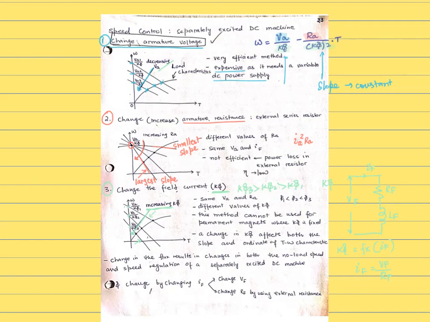So it can be changed by changing the voltage, or by changing the resistance, that is, change VF or change RF by using an external resistance. For changing VF, you need a variable DC power supply, which is expensive, and to change RF, you need to use extra resistance, which is going to lead to power loss. So each one of them has its disadvantages.